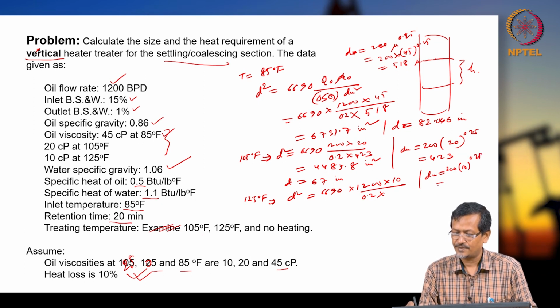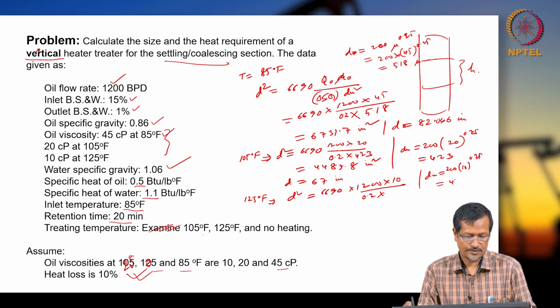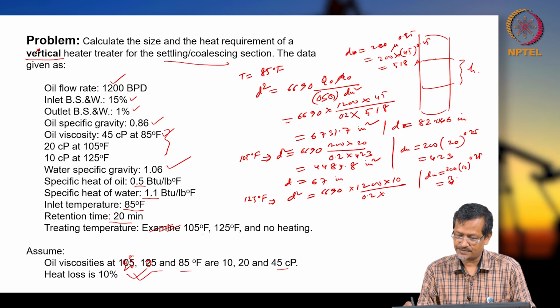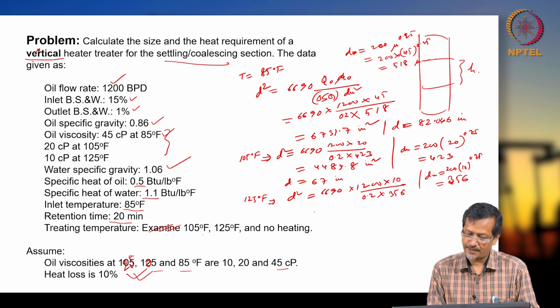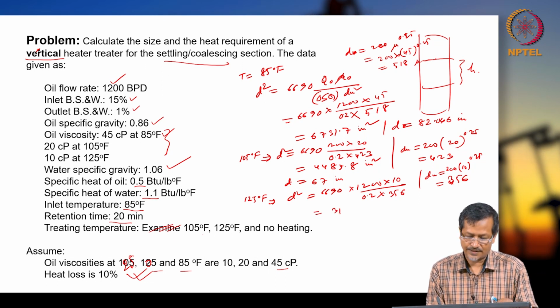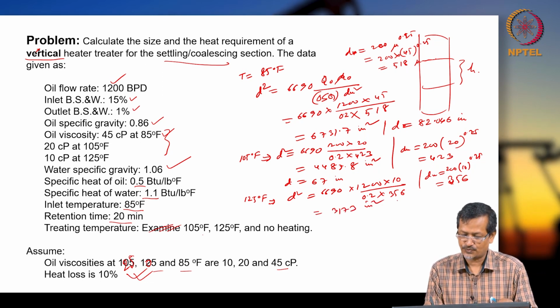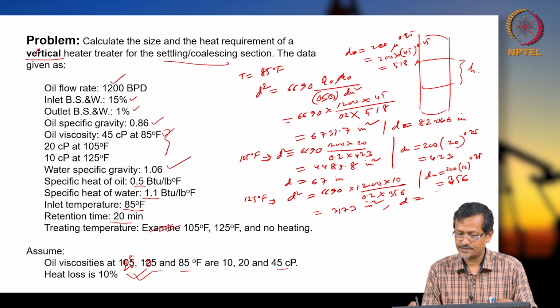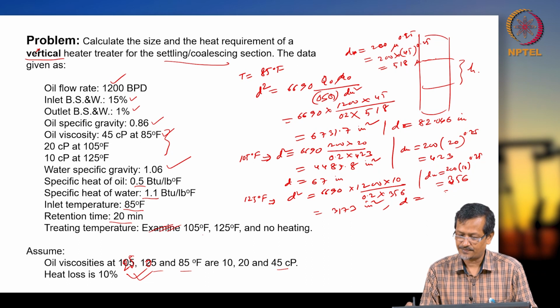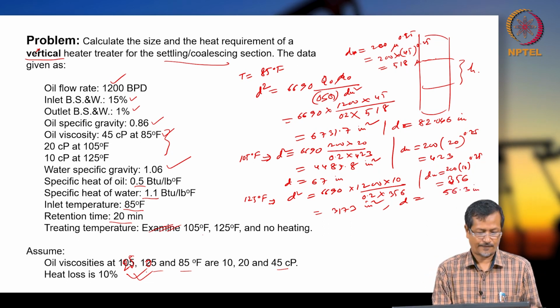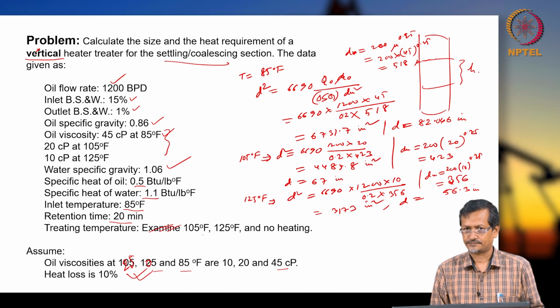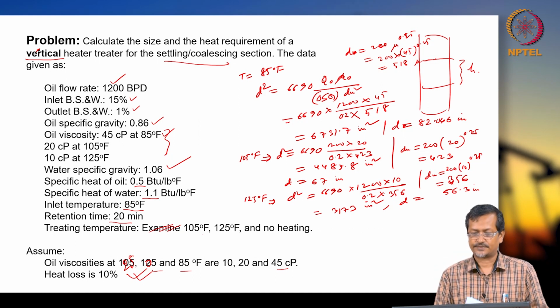So this gives 3173 inch square, so d equals 56 inch. Go to the next slide, space is not there.